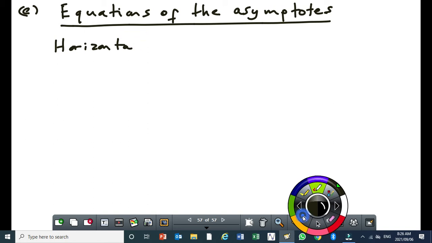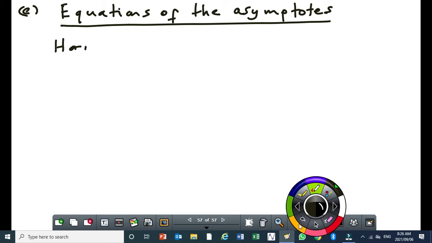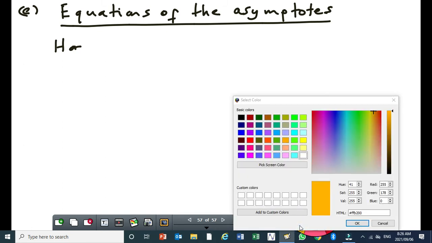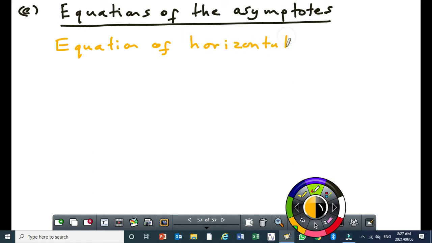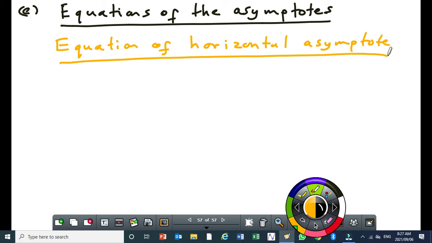Let me write the equation of the horizontal asymptote.